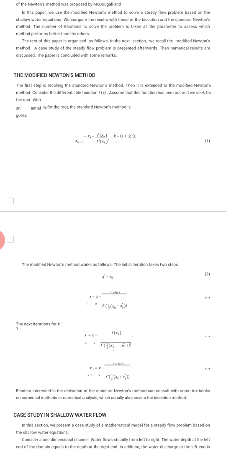Consider the differentiable function f of x. Assume that this function has one root and we seek the root with the initial value x naught. The standard Newton's method is the given formula.